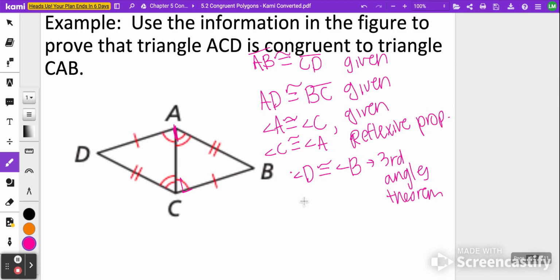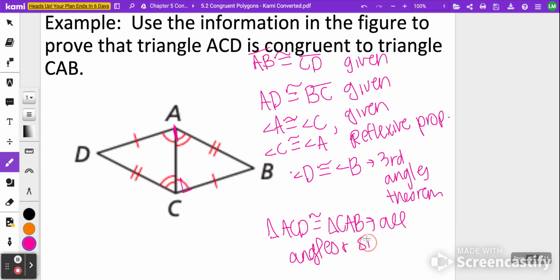And then because we've proved that all of our angles and sides are congruent, we can say now that ACD is congruent to triangle CAB because all angles and sides are congruent. Okay, so this is just thoroughly talking about all the reasons why they can be congruent and together.